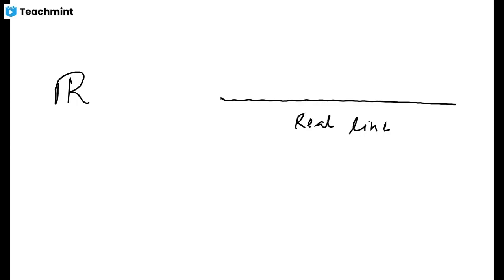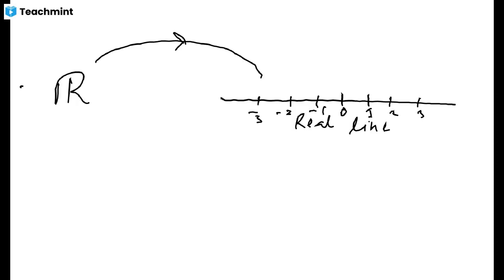If you mark a certain point on this line and call it 0, then at equal distance you keep 1. Here you will have -1, and you will have 2, 3, and so on, -2, -3. Then there is a one-to-one correspondence between the points of this line and the elements of the set R, the set of real numbers.